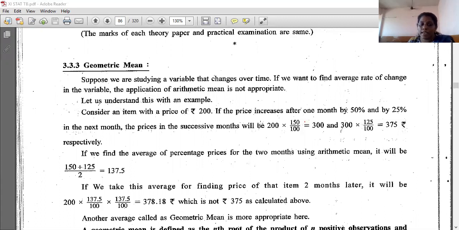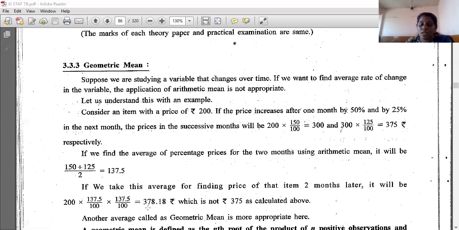Now if we find the average of the percentage price for the 2 months using the arithmetic mean, it will be 150 plus 125 divided by 2, that is 137.5. This is the average percentage, 137.5. If we take this average for finding the price of that item 2 months later, it will be 200 into 137.5 upon 100 into 137.5 upon 100.